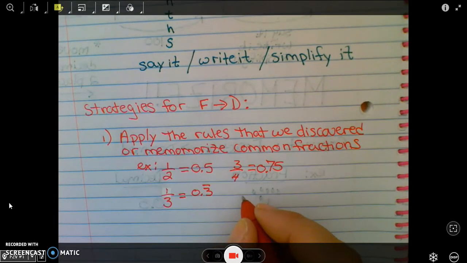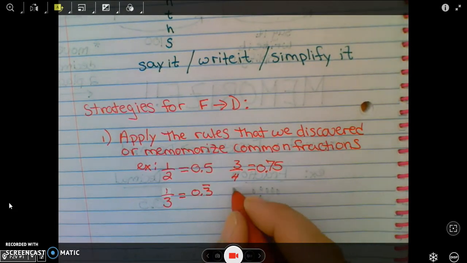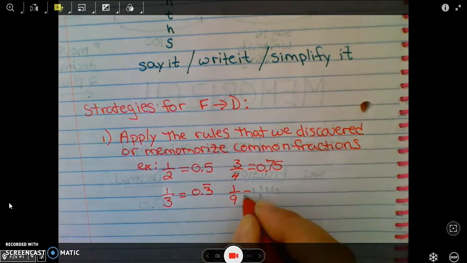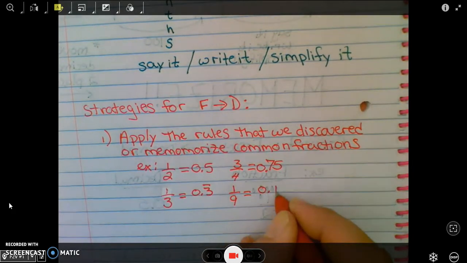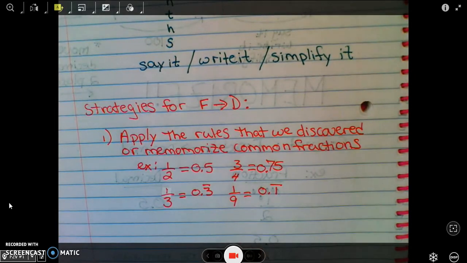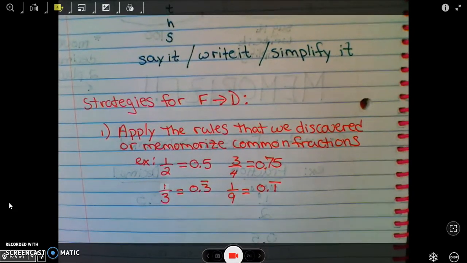Ninths is another one. If you have 1/9, whatever is the numerator is the repeating decimal. So anything like that. Fifths is another one that's common. So anything that you can memorize that you see frequently or has a rule, you want to do that first. Okay.